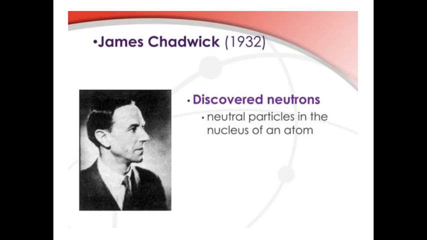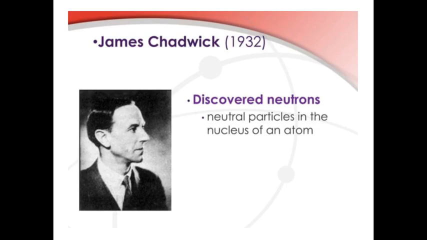Okay, in the process of discussing this model, we must note that Thomson has discovered the electron from the cathode ray experiment, and Rutherford has discovered the nucleus, and has also shown that the proton is found in the nucleus. We must also know that the person that discovered the neutron is James Chadwick.